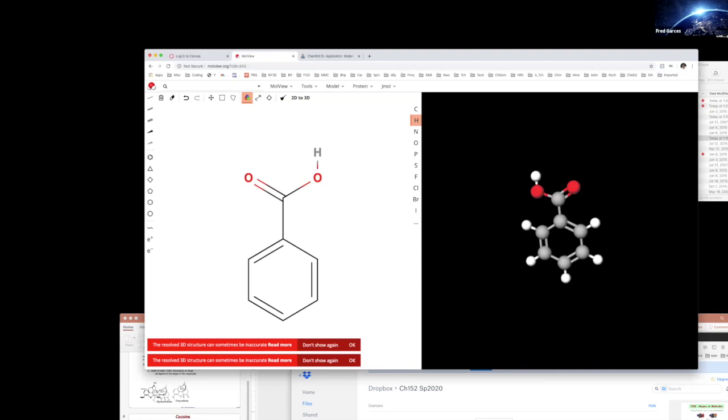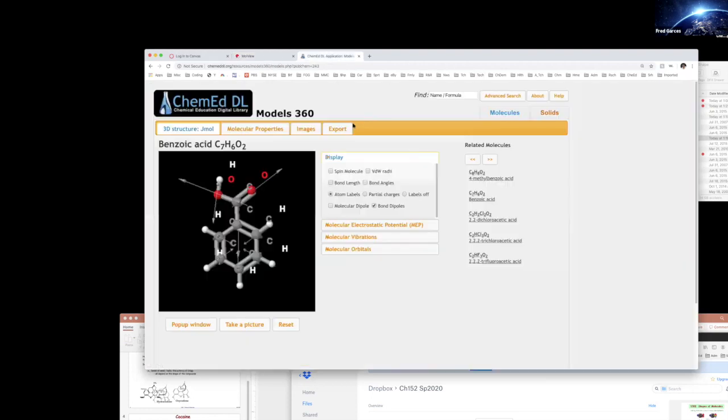And then if you want to see properties of that chemical, then you can go to a site called ChemEdDL, or just ChemDL for short. You've got to know the name or the formula. And then if it's in the library, it'll look it up for you. It's a really cool site in terms of that. So when we do molecular geometry, you guys will have a chance to play around with it.